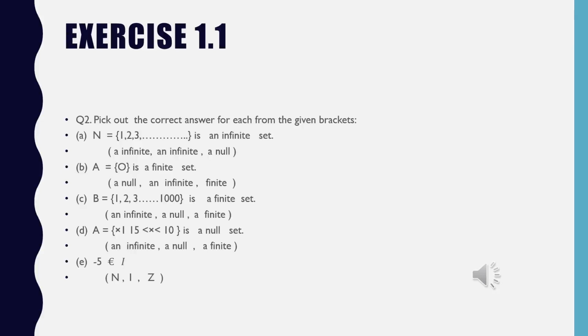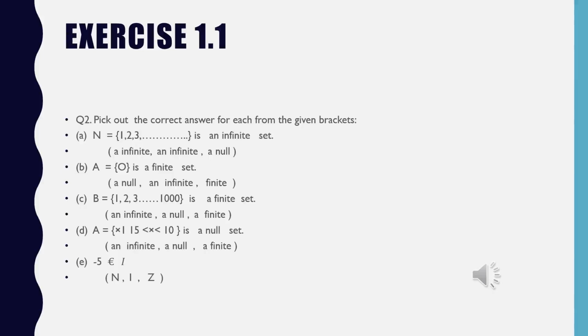Because the numbers must be greater than 15 and less than 10, there is no number that exists between them. So x has no number inside, because no number is greater than 15 and less than 10. So the answer of set A will be a null set.